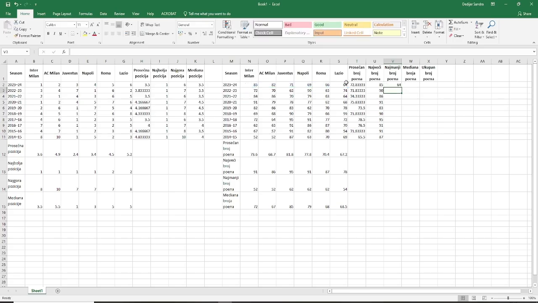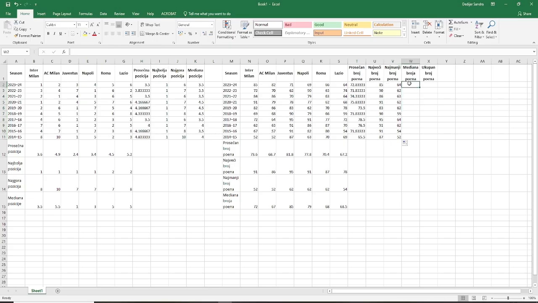The formula is applied to other seasons by dragging. This group had the fewest points in 2014-2015 season, 52 points. The highest minimum score was 64, recorded in the 2017-2018 and 2023-24 seasons.